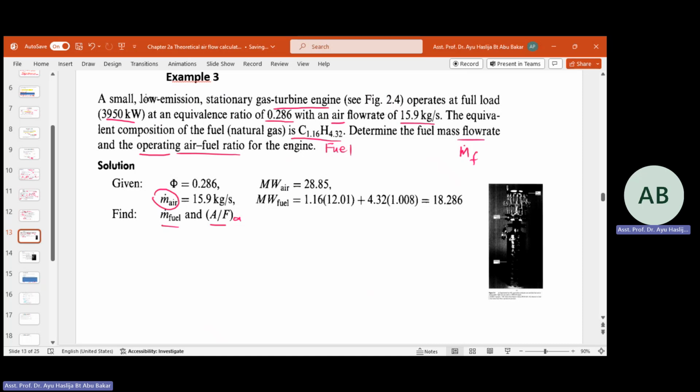It is not stoichiometric. Okay, the term operating means the actual operating condition. So the AF here is the AF actual. We have the AF stoichiometric, which means at the minimum.